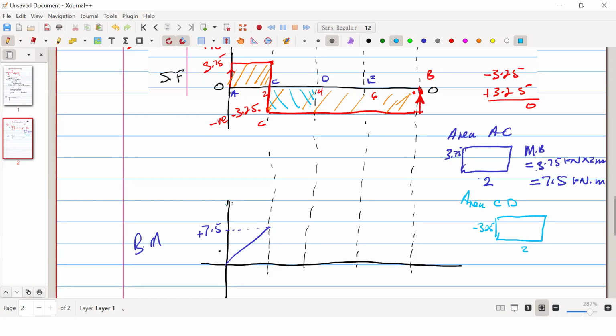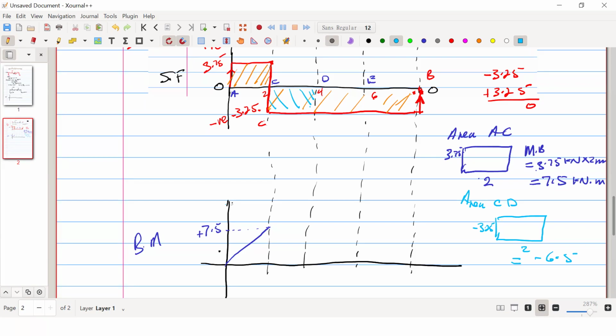And what's the distance? 2 again. So that is going to give us minus 3.25 times 2, which gives minus 6.5, added to positive 7.5.